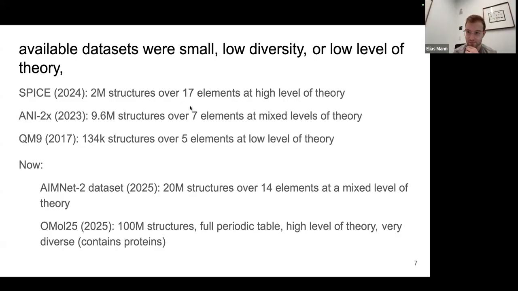And so are these energy labels atom-wise or overall? That's a good question. Usually when we're looking at a molecule, we are predicting a single scalar of potential energy across the entire molecule, and then for each individual atom within the molecule, you're predicting the force magnitude and direction being acted on that atom at a given time.